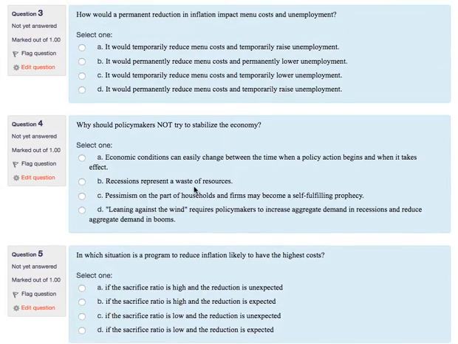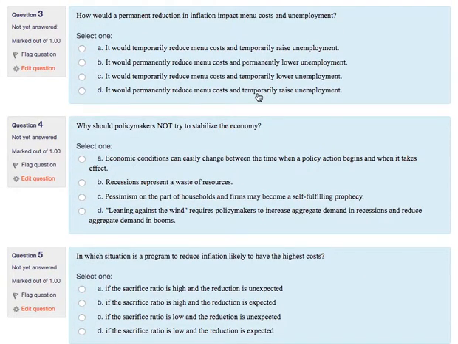How would a permanent reduction in inflation impact menu costs and employment? So I'm not sure. It would temporarily reduce menu costs. Now, if this is a permanent reduction, this would be a permanent reduction in menu costs. And actually, the one that I clicked on by mistake is the right answer: permanent reduction in menu costs and temporary rise in unemployment.